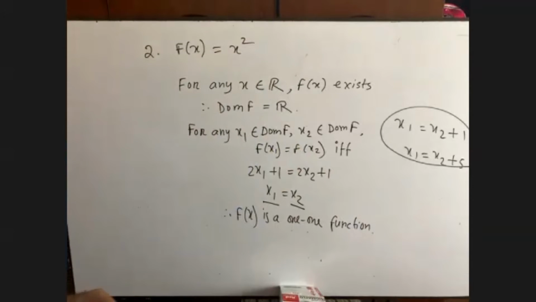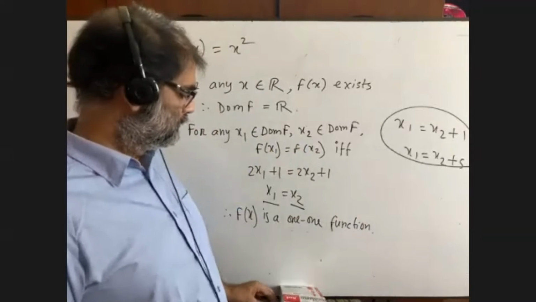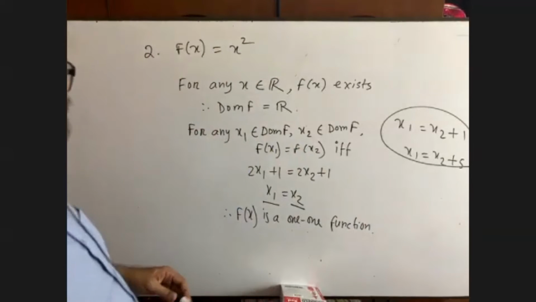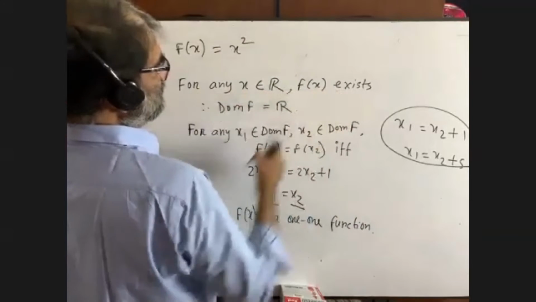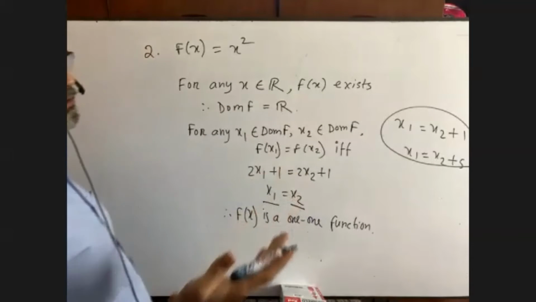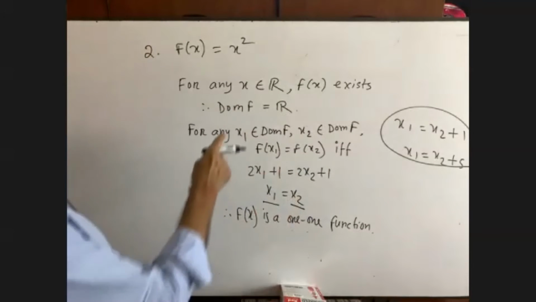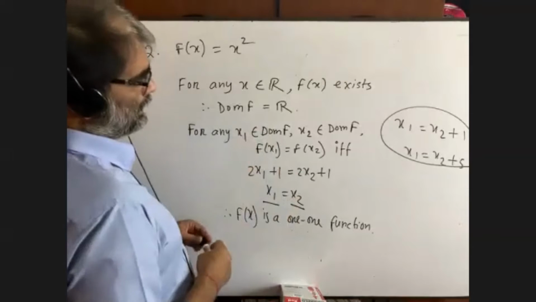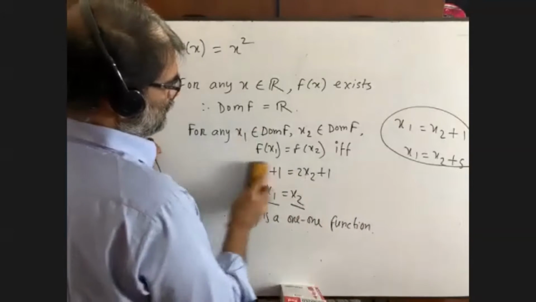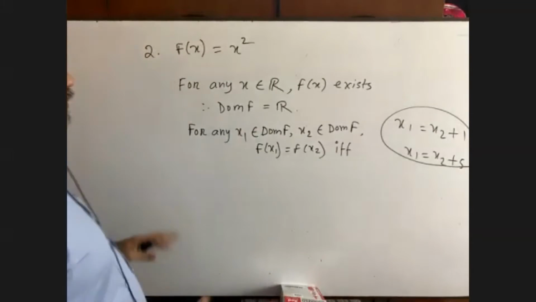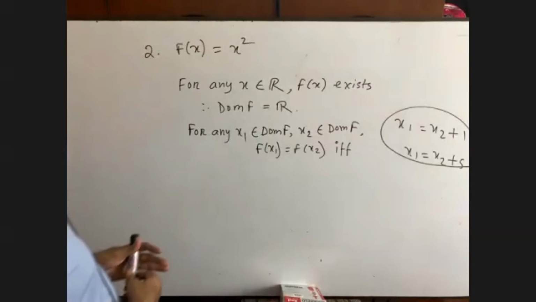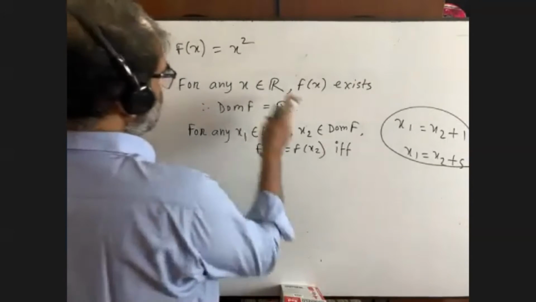Can you please let me know what is to do? You write down the same thing: for any x belongs to R, f of x exists. Yes, you can let any value of x, you will get a value. So domain equals R here also. So all are same, only the difference is here. You write down everything.